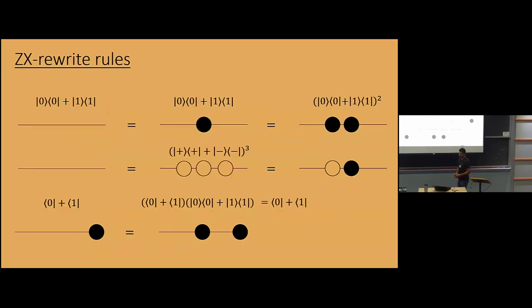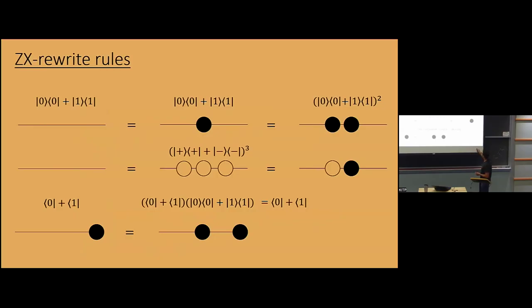There are these ZX rewrite rules that let you go between different ZX diagrams. So what does a simple line mean? That's just identity. And you can put a Z node over here, and that just keeps it the same because this is the definition of the Z node. And then you can keep adding more Z nodes. And similarly, you can have a line with these X nodes, and you can have these together.